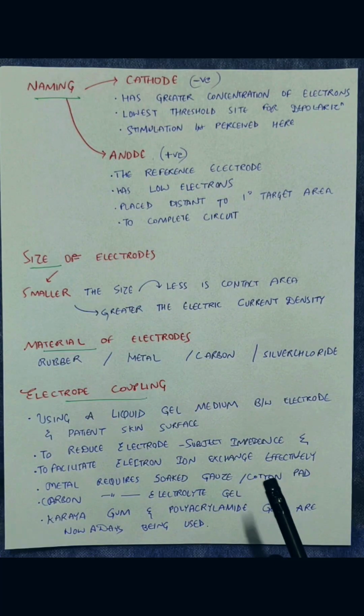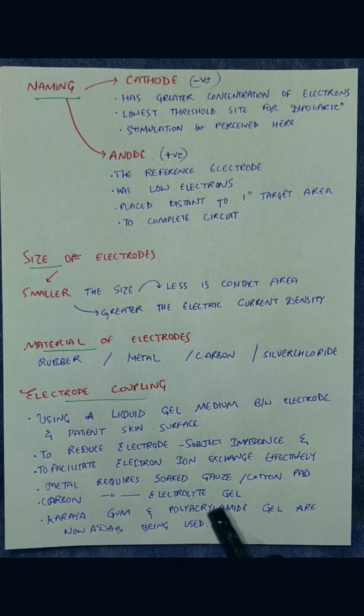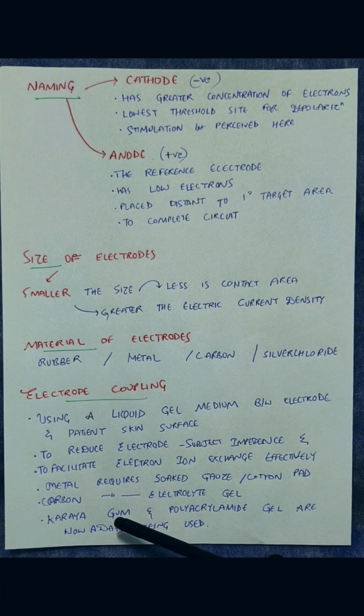To reduce the electrode-subject impedance and to facilitate the electron-ion exchange effectively. A metal electrode requires soaked gauze or a cotton pad before use, and carbon electrodes require electrolyte gel. Nowadays we see karaya gum and polyacrylamide gel also being used.